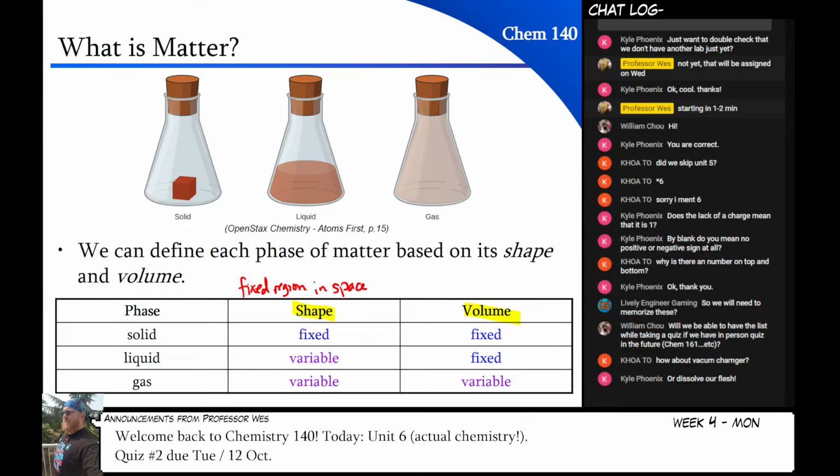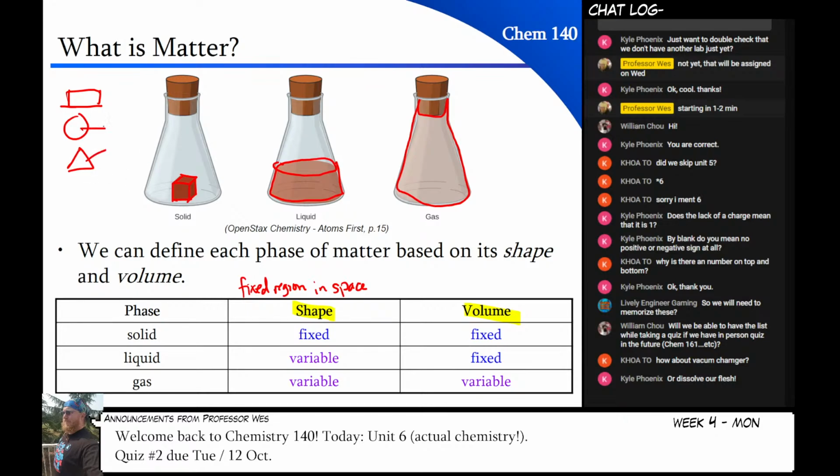So, for example, this would be the shape of my solid versus this being the shape of my liquid versus this being the shape of my gas. And so you can see that those objects have different shapes. They occupy a different region in space. So if I were drawing shapes, these shapes would be all different from each other. Obviously, because one's a rectangle, one's a circle, one's a triangle.